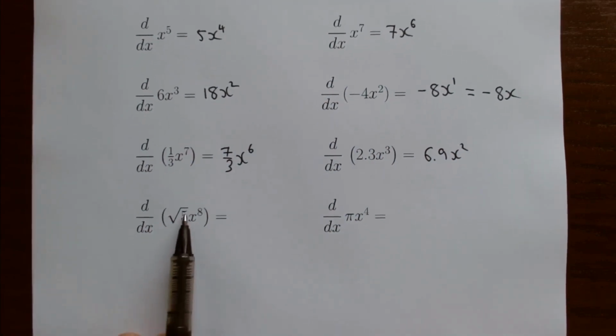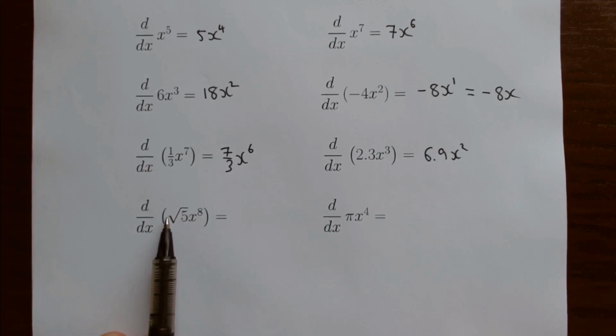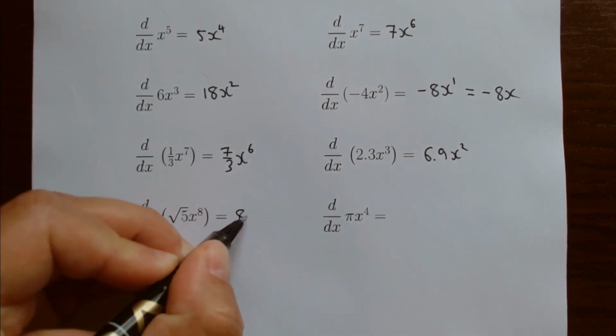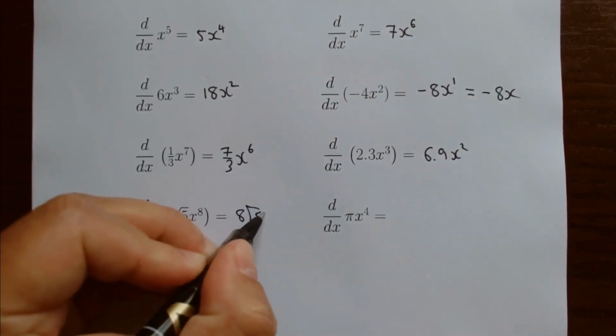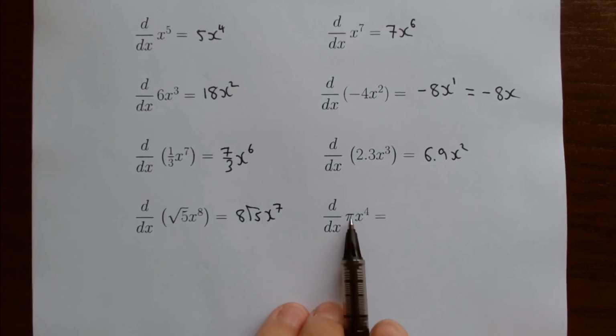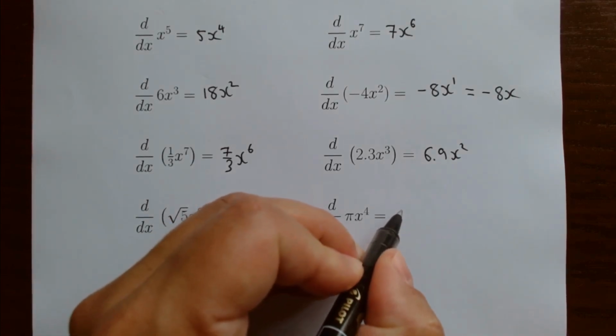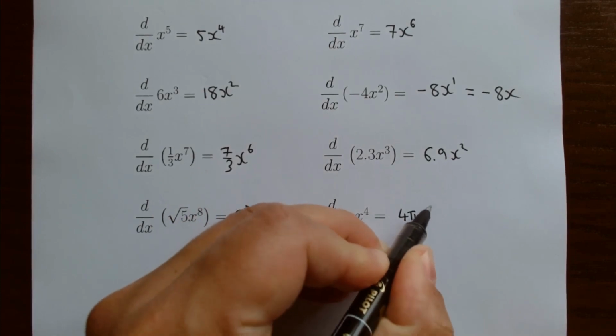And even if there's a root 5, the 8 comes down and multiplies to root 5. So 8 root 5 x to the 7. The 8 becomes a 7. And here we have a pi in front. And a pi is a transcendental number, but it doesn't make a difference. The 4 will come down and multiply the pi. So you have 4 pi x cubed.